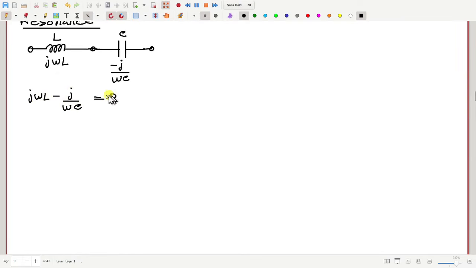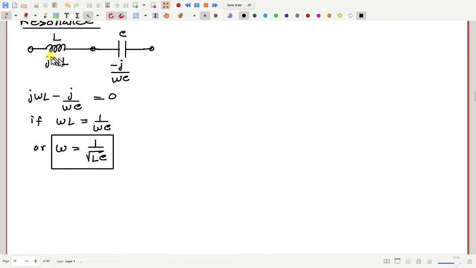When will that happen? That will happen if omega L is equal to 1 by omega C, that means omega equals 1 by root LC. If the frequency of the supply, the inductance and the capacitance are related by this equation, then overall this series combination will behave like a short circuit.